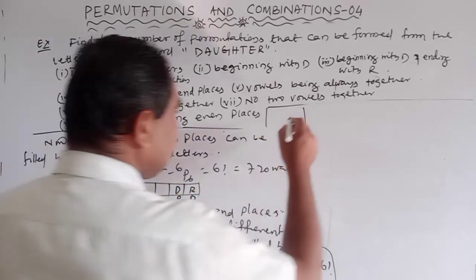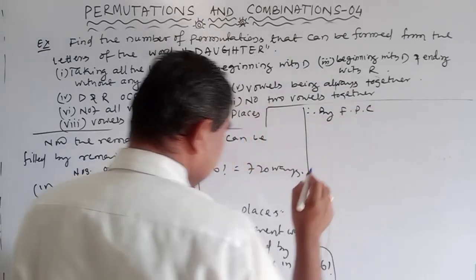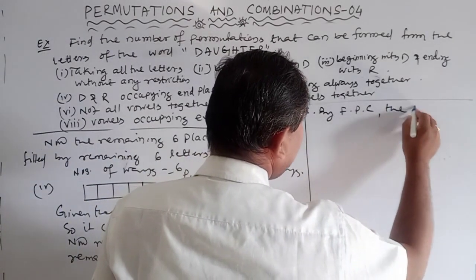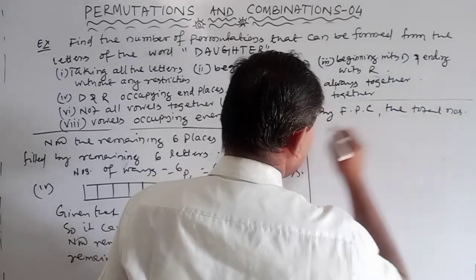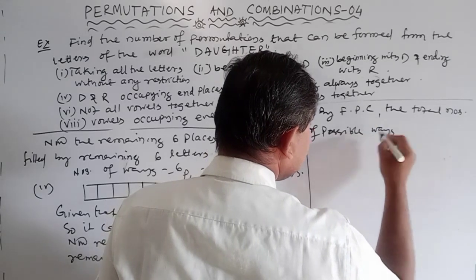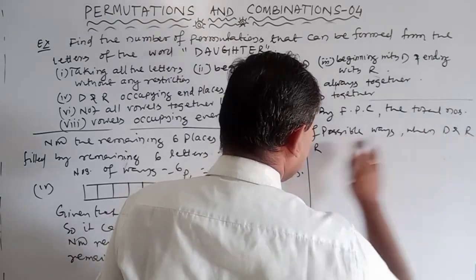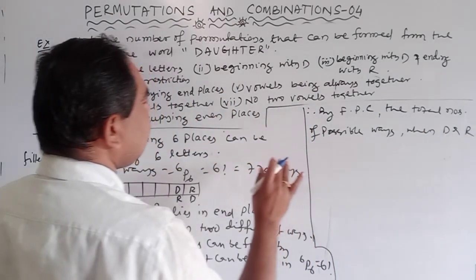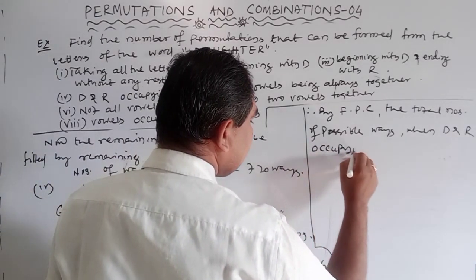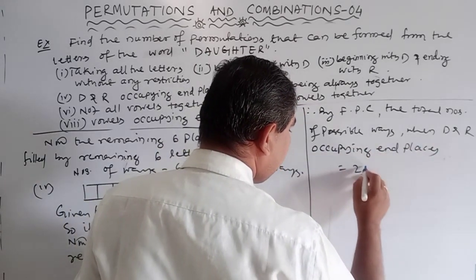Therefore, by the fundamental principle of multiplication, the total number of possible ways when D and R occupy the end places is 2 into 7 factorial.